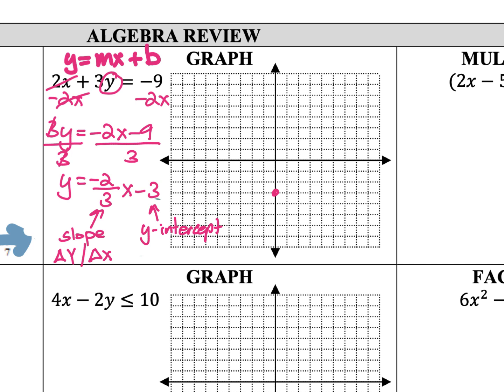That little triangle means change. Or you can think of it as the up, down, over the left, right. So that means that I need to go down negative 2. When you have a negative here, you could just decide, is it going to go on the 2 or the 3? You can't put it on both, but I'm just going to put it on the 2 here. Doesn't matter which one you put it on.